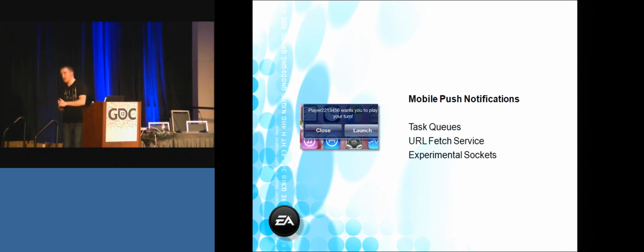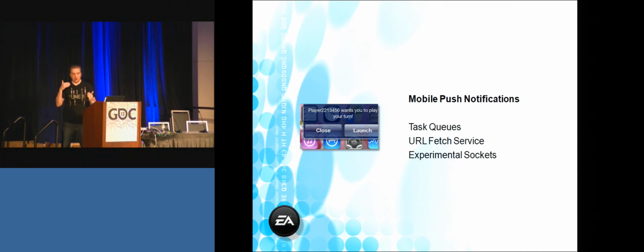For iOS, it's a different story. Okay, iOS use a custom protocol on top of TCP, and unfortunately, currently we have no official support for a socket connection from an App Engine instance. So we have in EA an in-house system that will handle that for you.